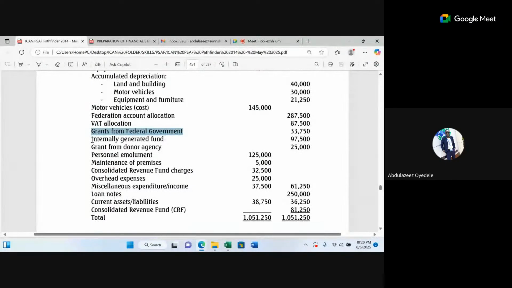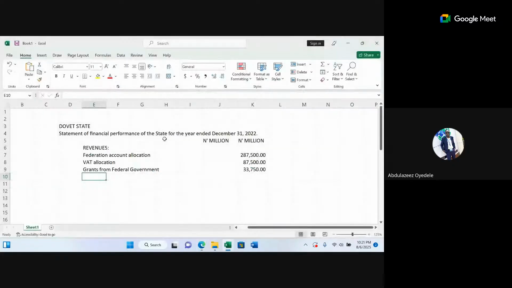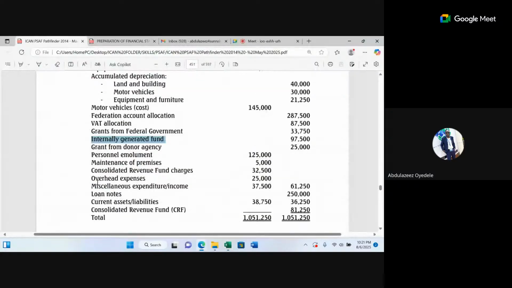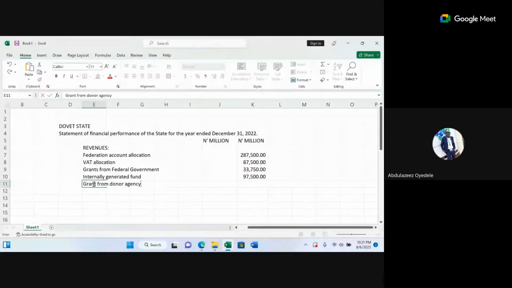And then internally generated revenue, internally generated fund, which is 97,500. Also, a grant from donor agency. That is 25,000.